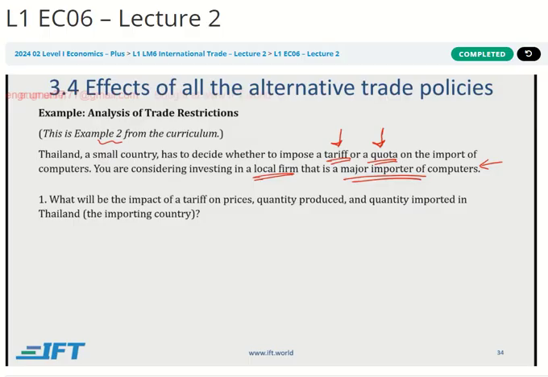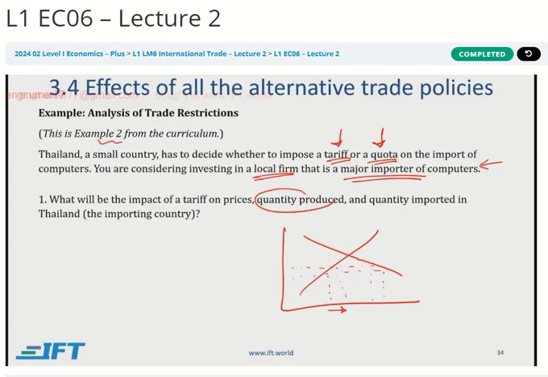Now the first question here is, what will be the impact of a tariff on prices and quantity produced and quantity imported in Thailand? Now you know that if prices are going to go up, first of all, the local quantity produced will be going up, right? And we looked at data like 110 and 130 in the previous example. The quantity imported will be reduced.